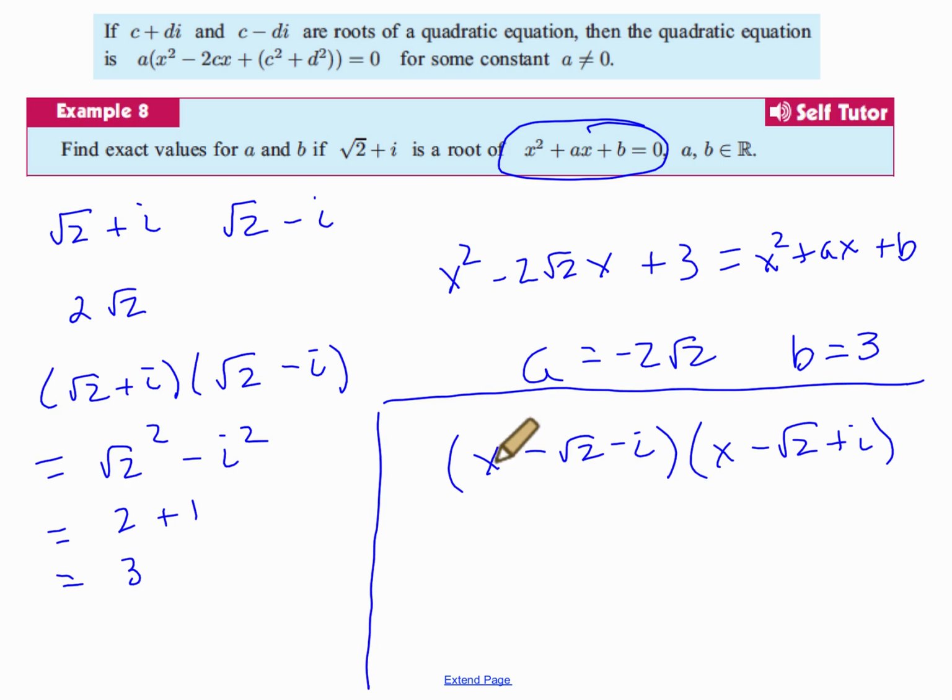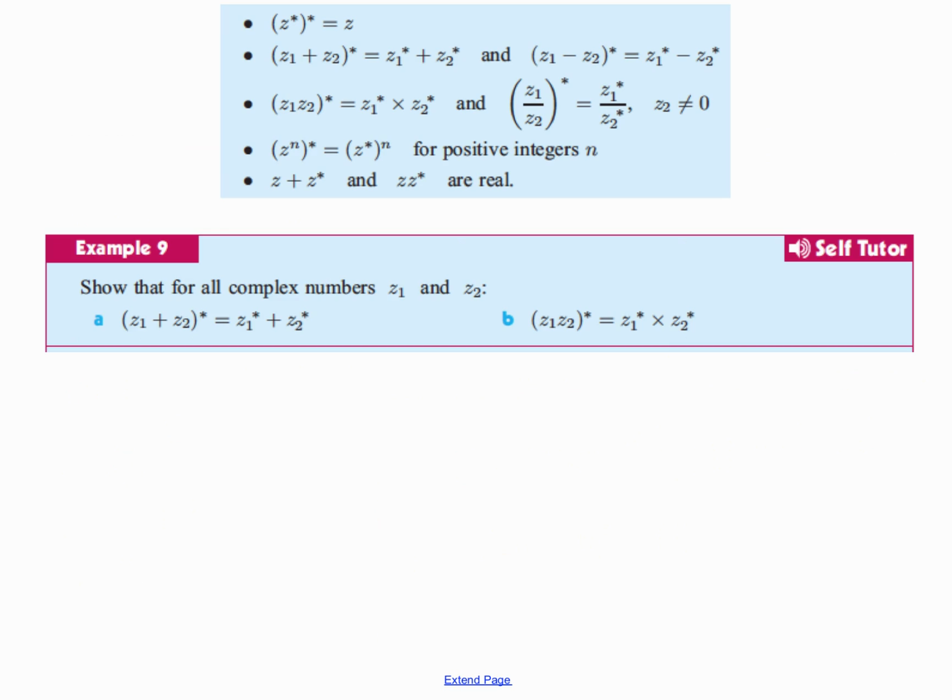So all this is taking x minus this root and then x minus this root. We could expand it and we would still end up with x squared minus 2 root 2x plus 3. And then we could still equate it and get the same result. Again, it is up to you.